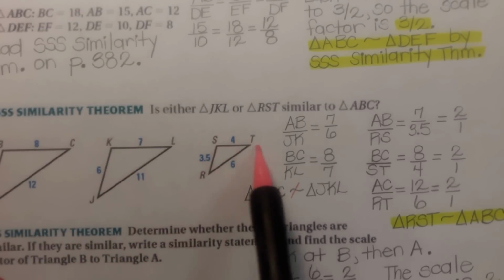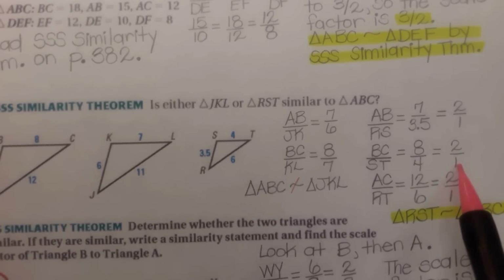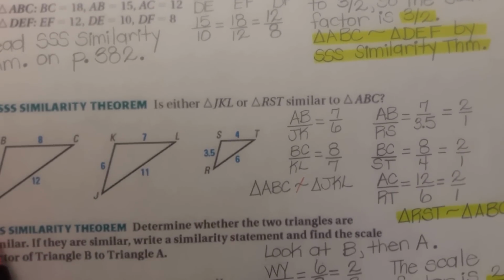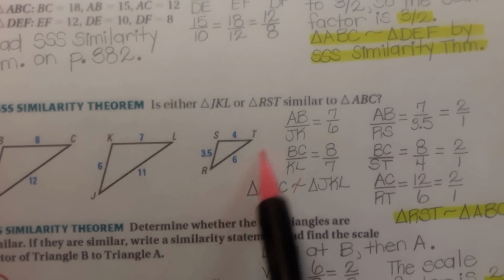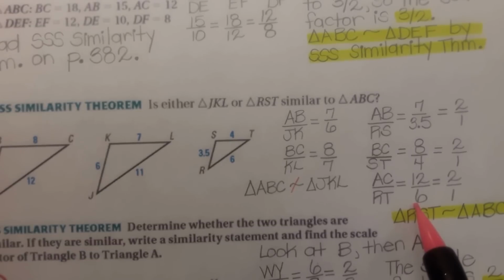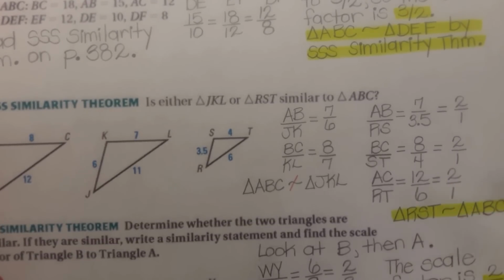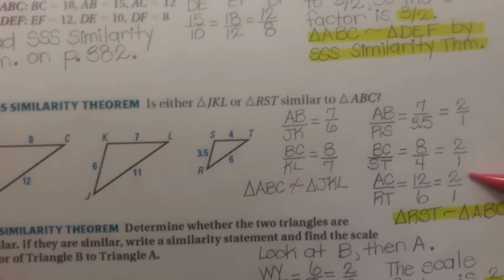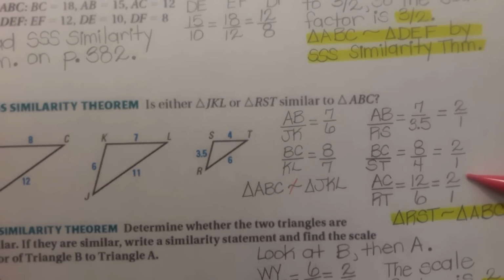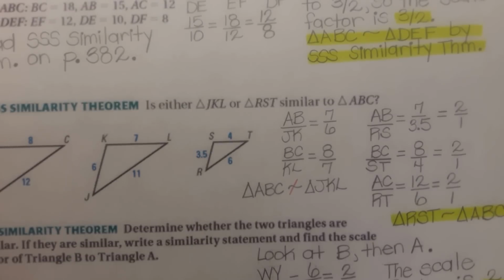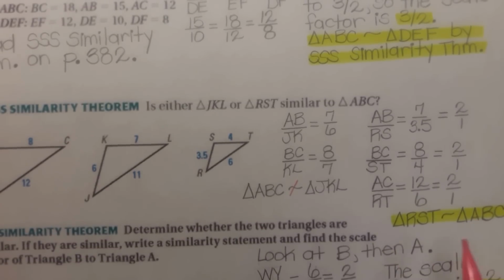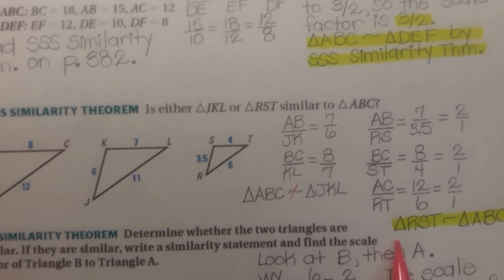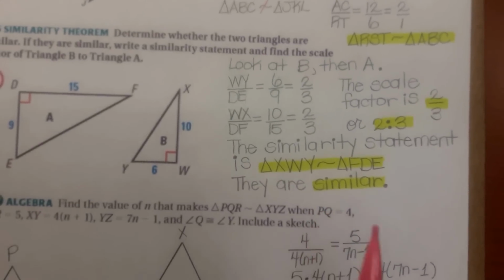BC is 8, ST is 4, and that simplifies to 2 over 1. AC is 12, RT is 6. That simplifies to 2 over 1. So because all 3 parts are the same, that means they are proportional, and that means that ABC is similar to triangle RST.